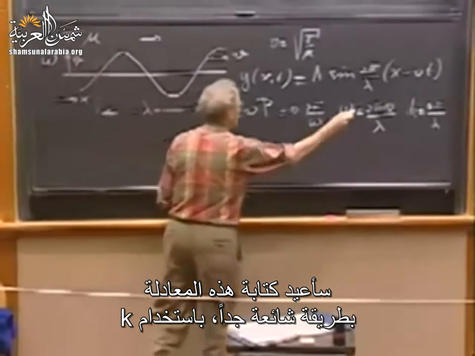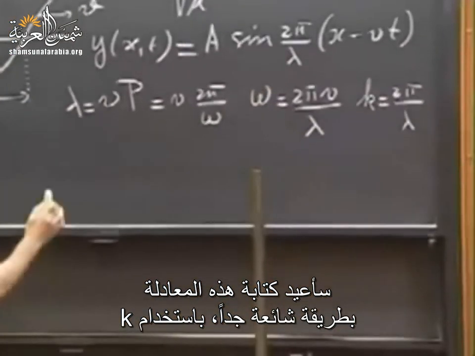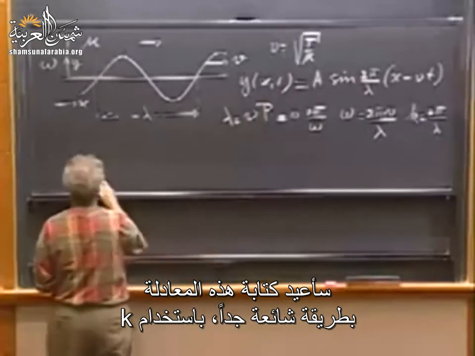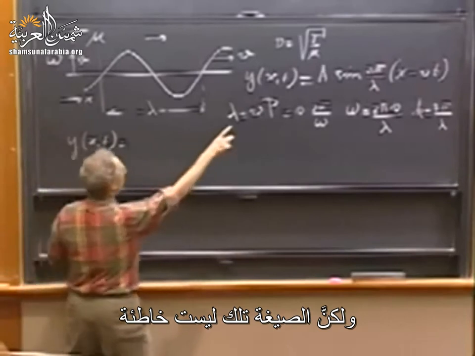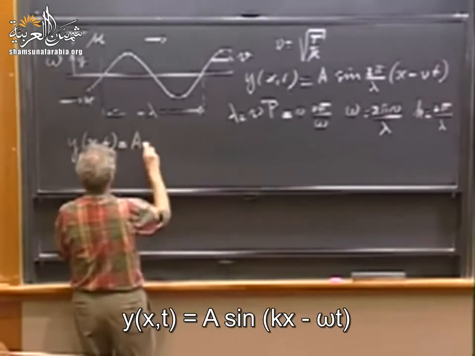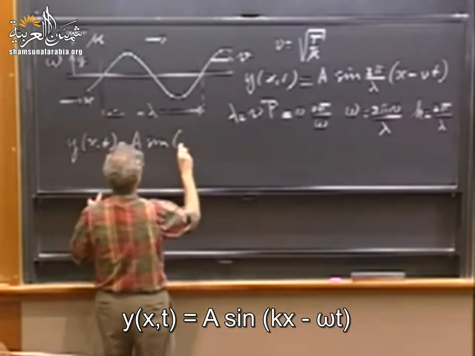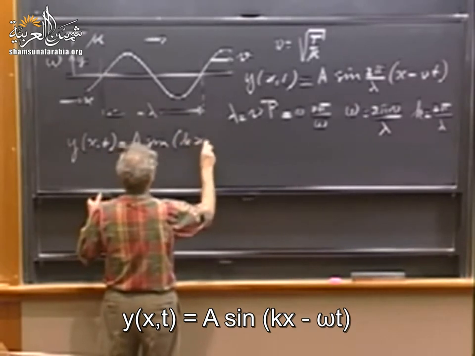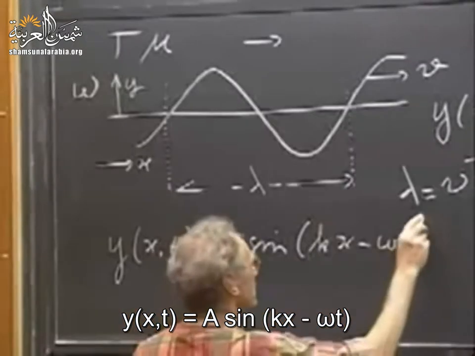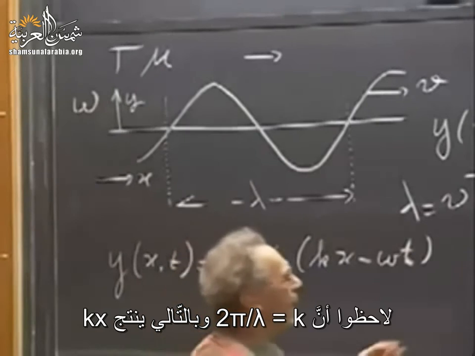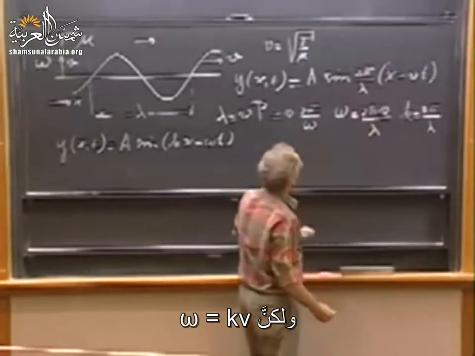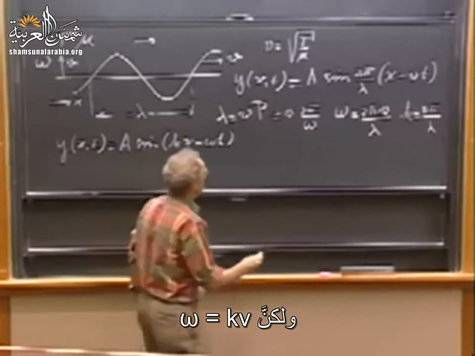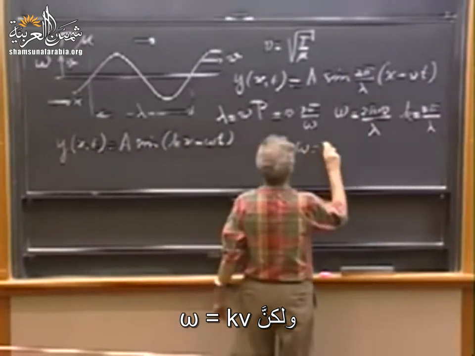If I use that new k, then I can rewrite this in a form that you see very often, but there's nothing wrong with that form. That would now be A times the sine of (kx minus omega t). Notice the 2 pi over lambda becomes k, so that is kx, but omega is always k times v.